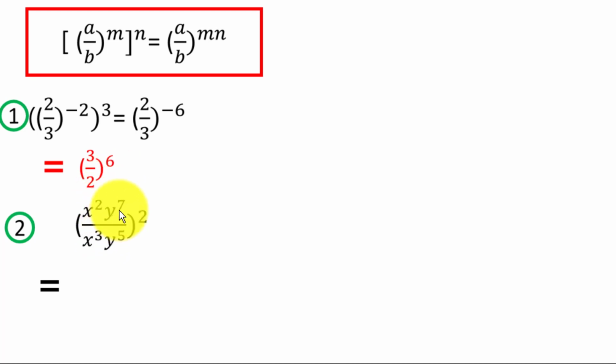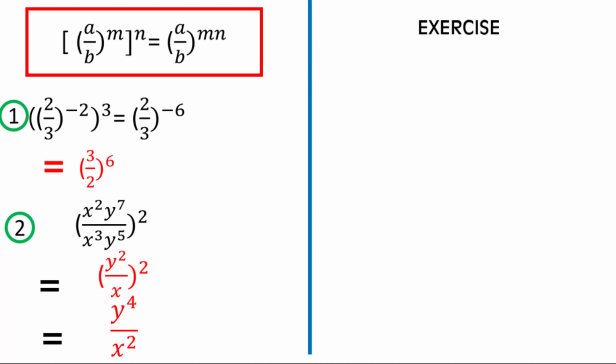And y raised to the power 7 divided by y raised to the power 5 is y squared, because 7 minus 5 equals 2. Then write the outside index: it will be (y squared over x) raised to the power 2, which is y raised to the power 4 over x squared. Just multiply the two powers.